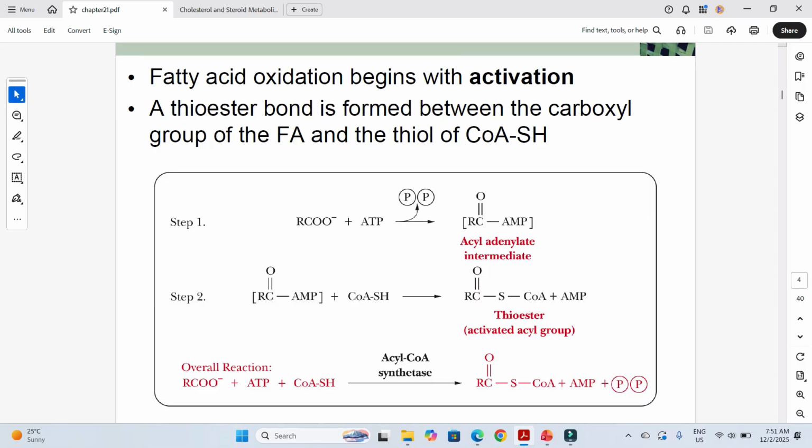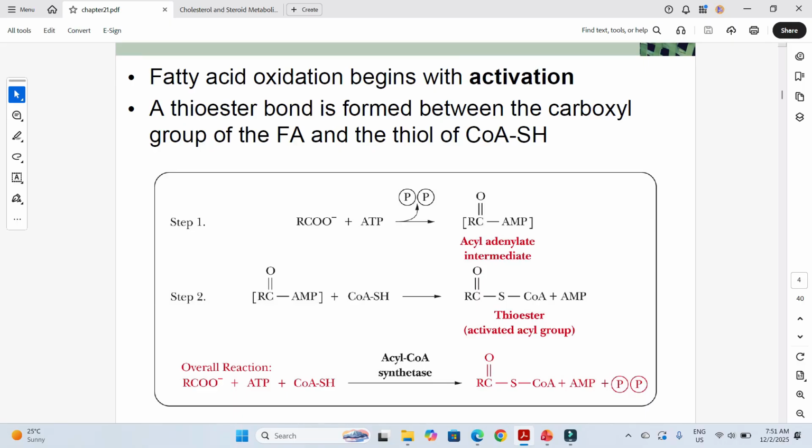In this case, it's actually the negatively charged oxygen of the carboxylate group that acts as a nucleophile, displacing the pyrophosphate and forming a bond with the internal phosphate of ATP. So you end up with the AMP acyl group, the fatty acyl adenylate intermediate.